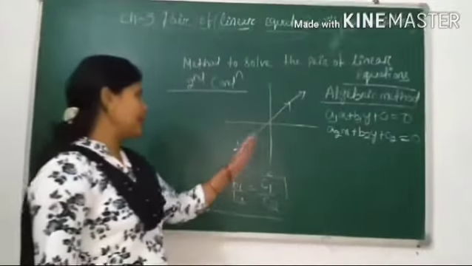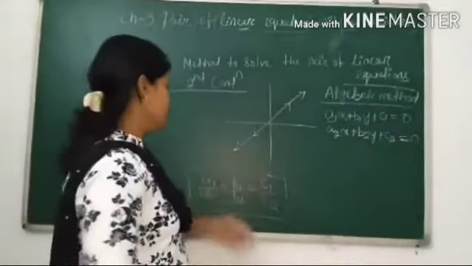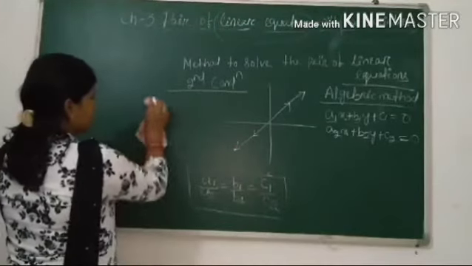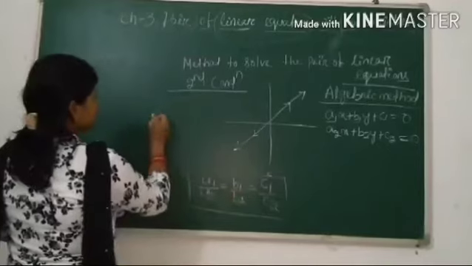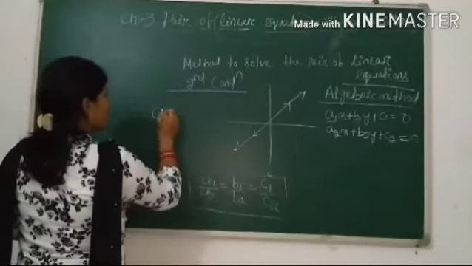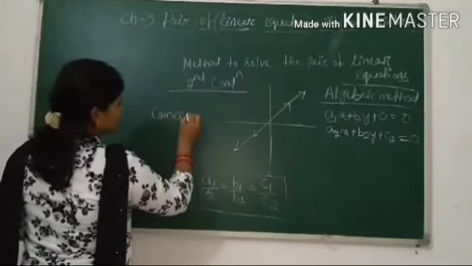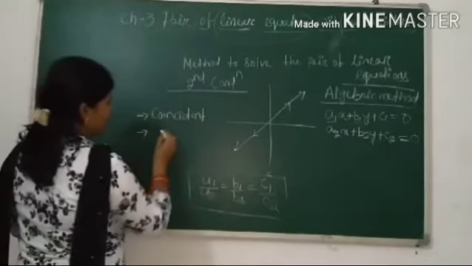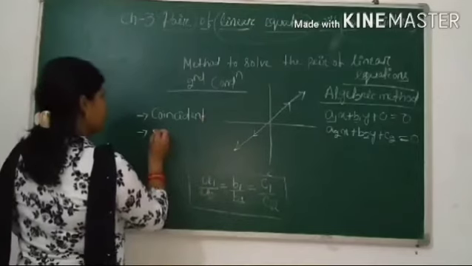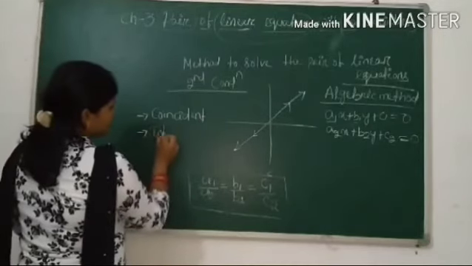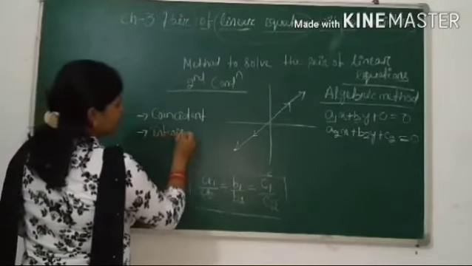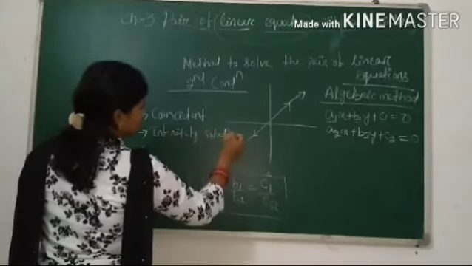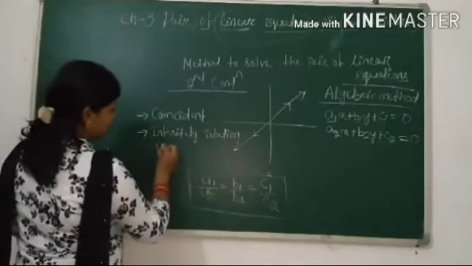If one line is overlapping the other, it means infinitely many solutions are possible. And this type of equations are known as coincident, and in coincident, infinitely many solutions are possible.